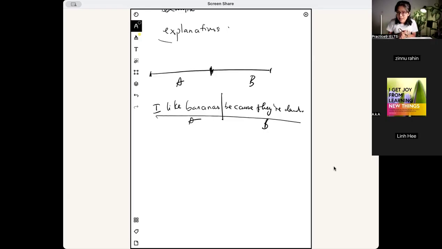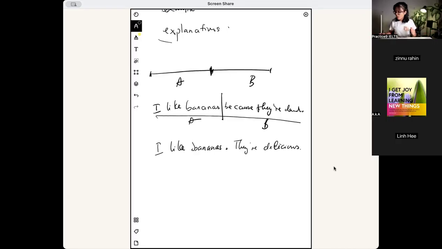Okay, so if you want to make your sentence longer, it's very simple. Now, in this sentence, we have 2 clauses, but what if I have 2 sentences? I like bananas. This is 1 sentence, okay? The next sentence is they are delicious. These are the 2 short, simple sentences.